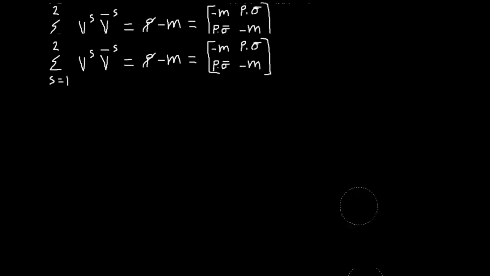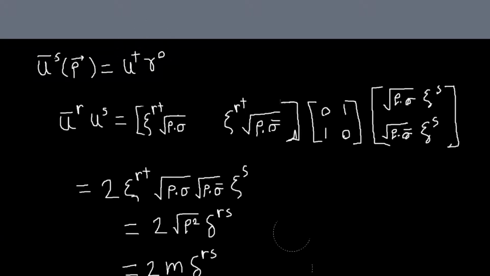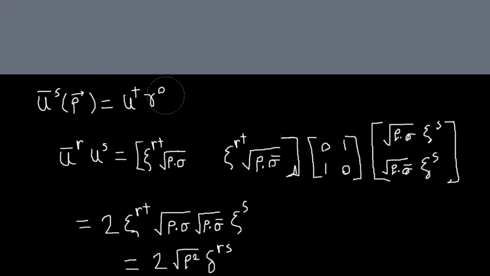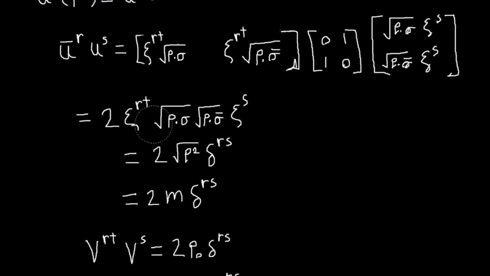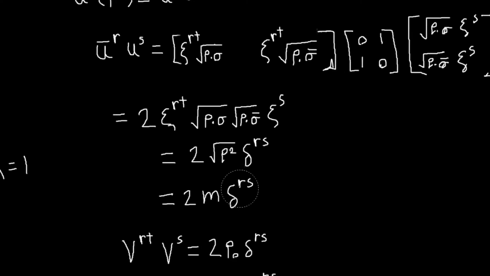And then there's a few more. For example, I can define a u bar that, just like psi bar was psi dagger times gamma naught, u bar is u dagger times gamma naught. And if I compute this inner product, u bar with u, I get 2 times m times delta^rs.